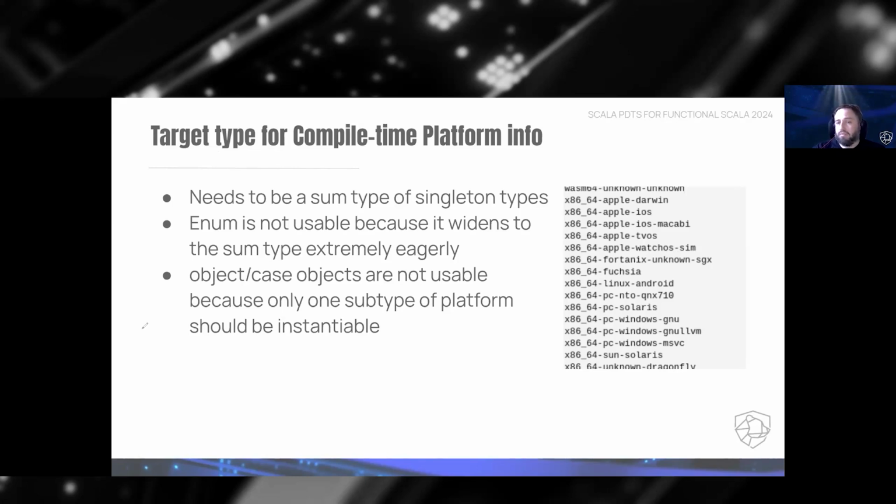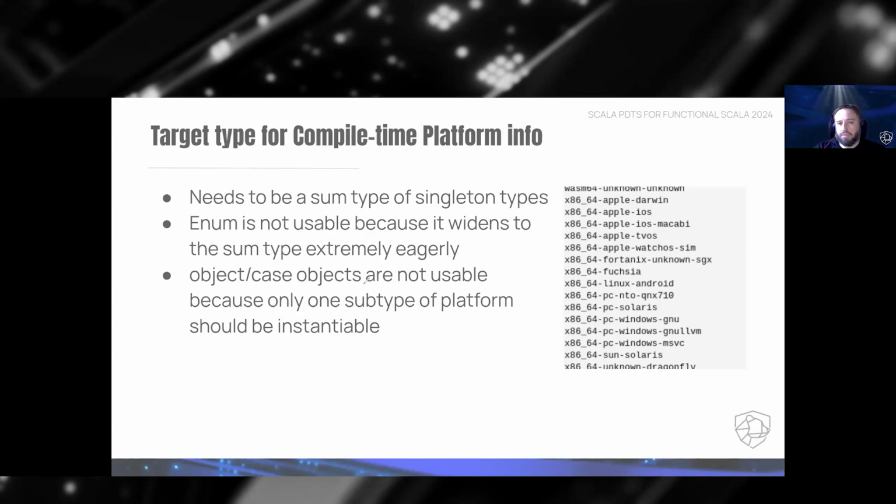And we can't use enum for this case because enums have a tendency to widen to the base type very eagerly, and I observed this in my testing. So the leaf types in an enum all too frequently resolve back to the base type Target, and we want specific target information if we can get that.